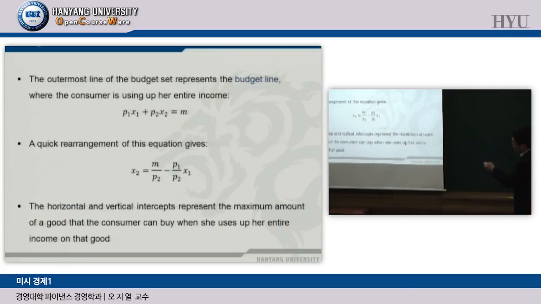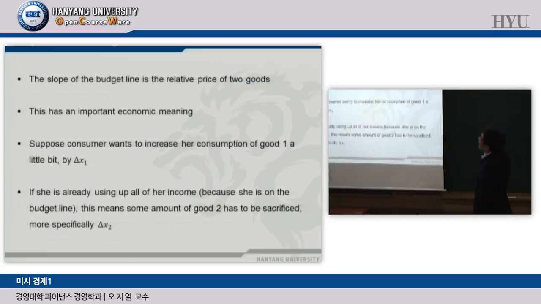So the slope of that budget line is given by this, minus P1 over P2. Now, it is the relative price between two goods. Okay? If the chicken is, say, 3,000 won. No, actually, let's make it more realistic. A bottle of beer is 3,000 won. A whole fried chicken is 15,000 won.